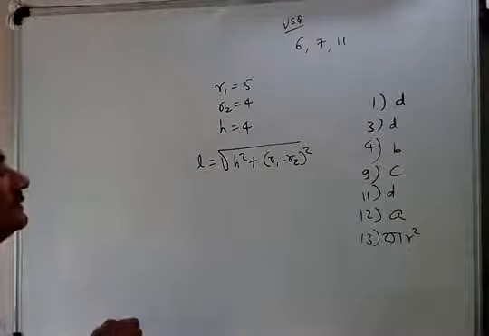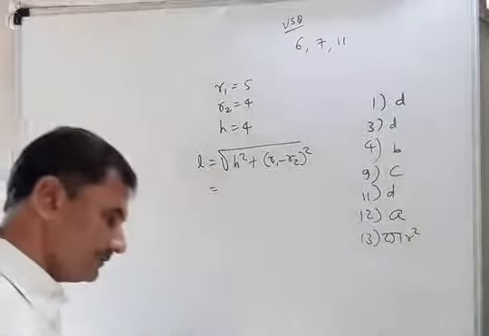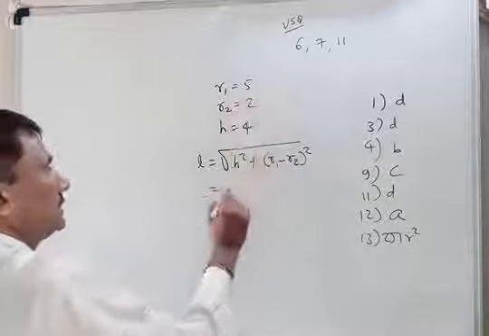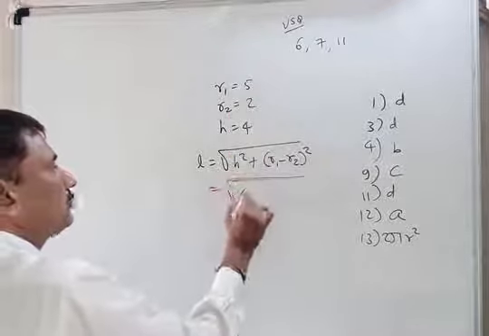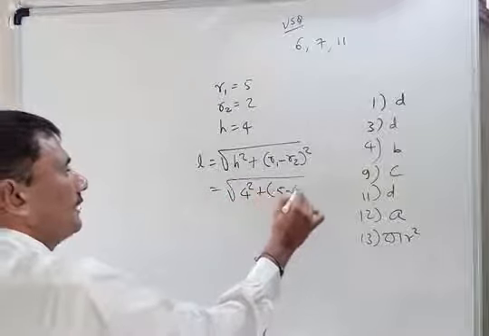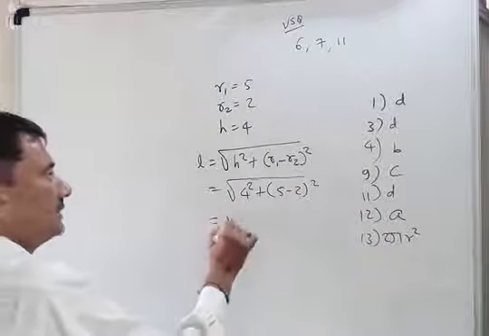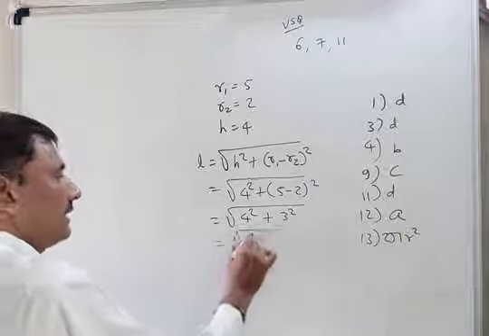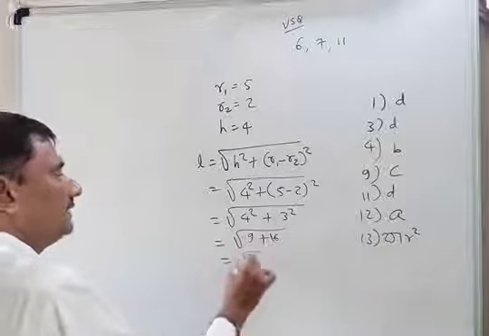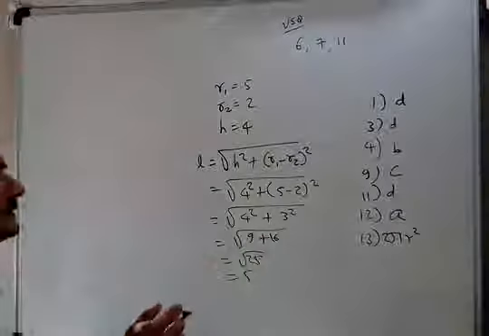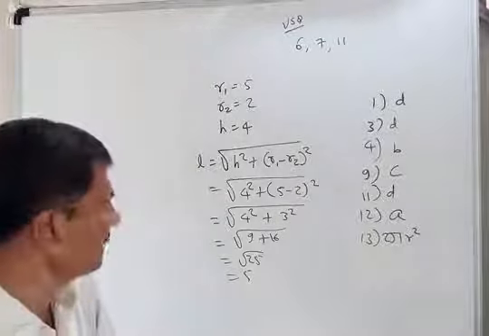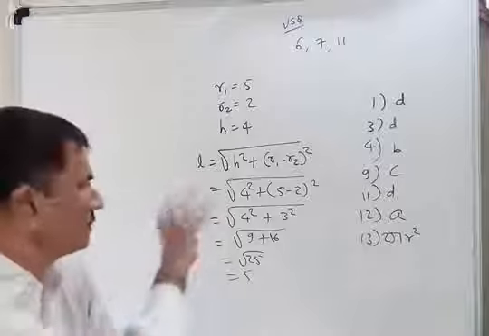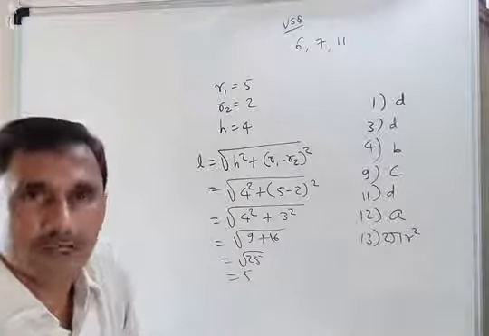Now place all values. So it is root of 4 square plus 5 minus 2 whole square. So it becomes 4 square plus 3 square. So it becomes 16 plus 9, 25, root equal to 5. Just simple sum. We very many times use this formula for finding area whenever L is not given. But here specially L is asked for 1 mark.